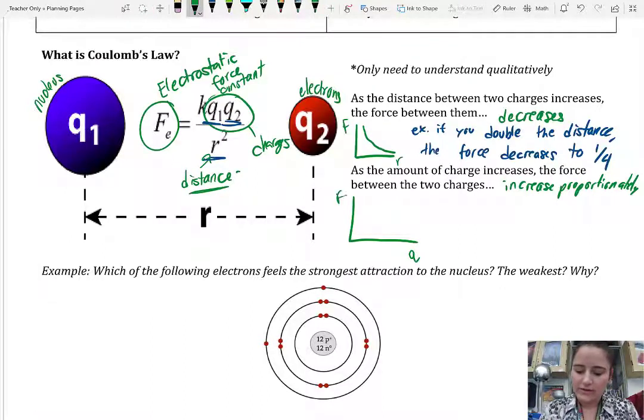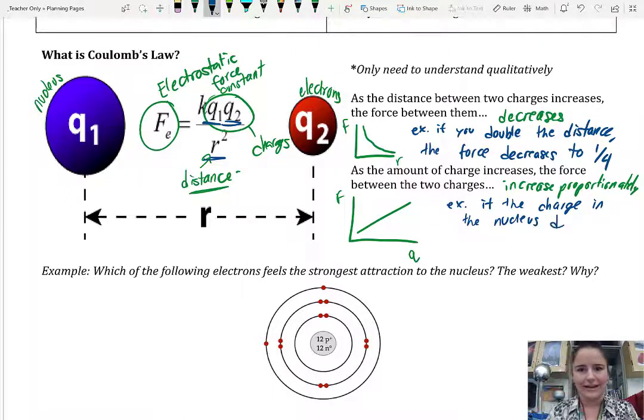For example, if the charge in the nucleus doubles, okay, you're going from talking about hydrogen to talking about helium, or going from helium to talking about beryllium, that charge doubles, the force doubles. Okay, cool.